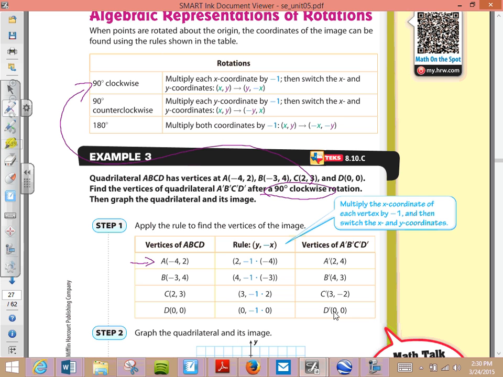Here is our current value, right? X is negative 4, y is 2. It says that I have to multiply the x by negative 1. What is negative 1 times negative 4? Positive 4, right? So I should get positive 4. They should have put that over here.